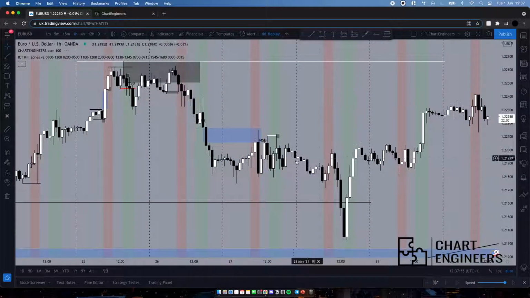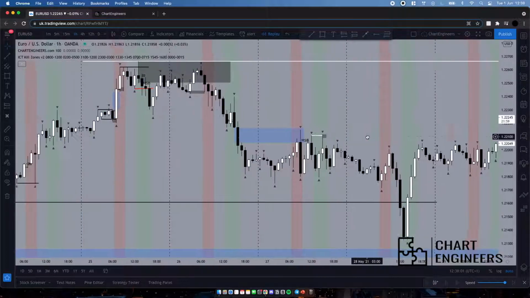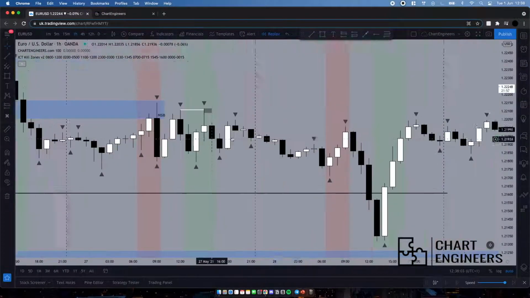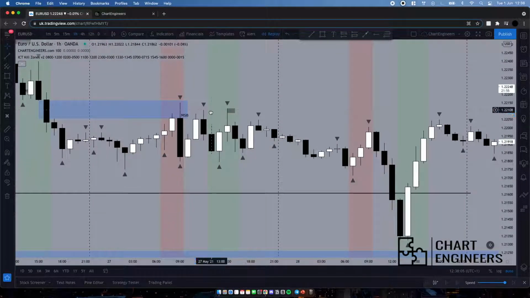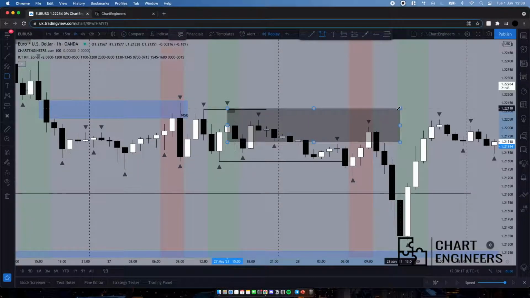Go down to your H1, and similarly to this H1 breaker zone, we have another breaker zone on the H1 as well. So a liquidity raid over here, your market structure break over here, and your breaker zone over here.